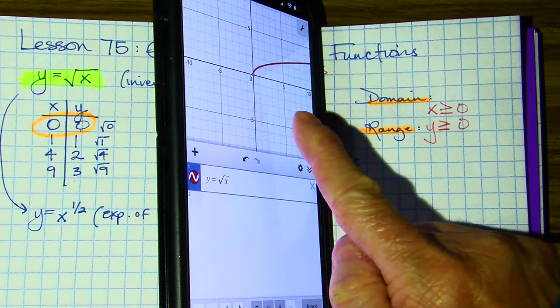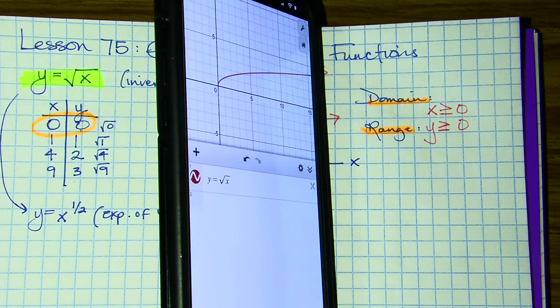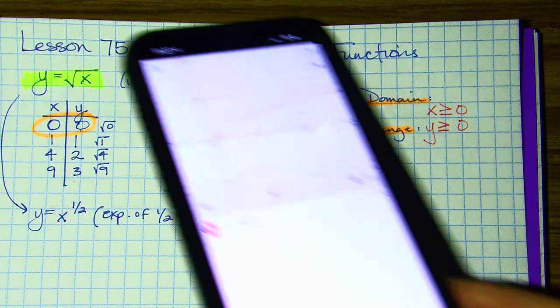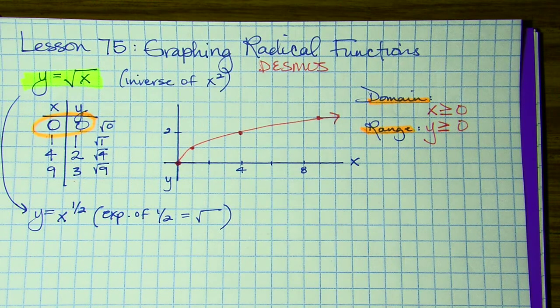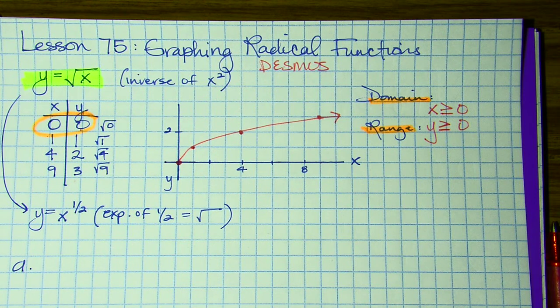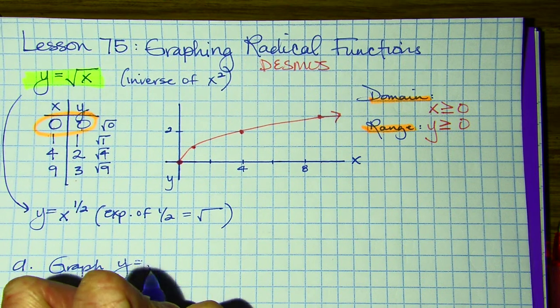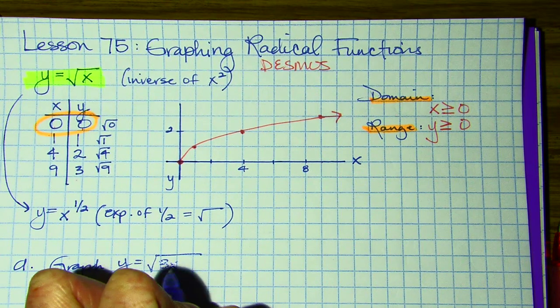And you should get a similar picture on your phone or iPad or whatever you're using. All right, so let's do the lesson practice. I don't have the book next to me, but this is lesson 75, so you can find what page that's on. So we're going to graph y equals the square root of 3x minus 2.